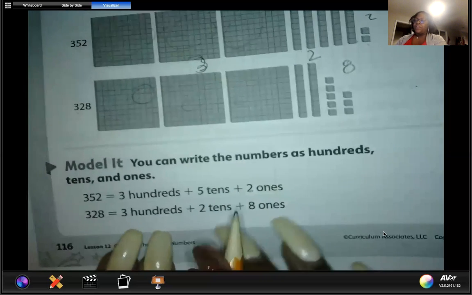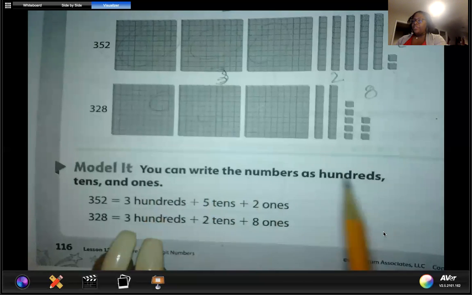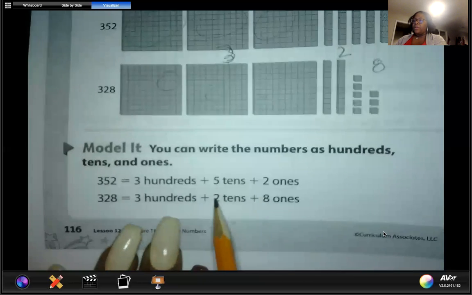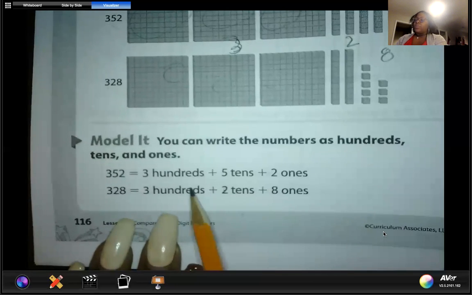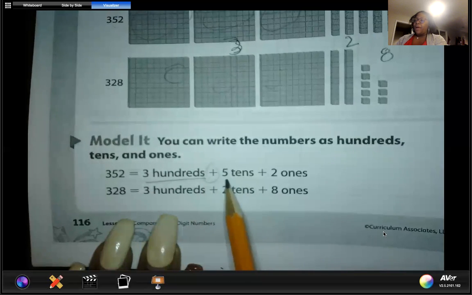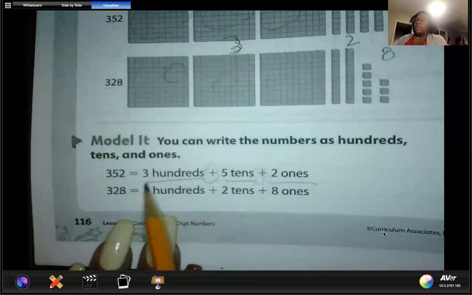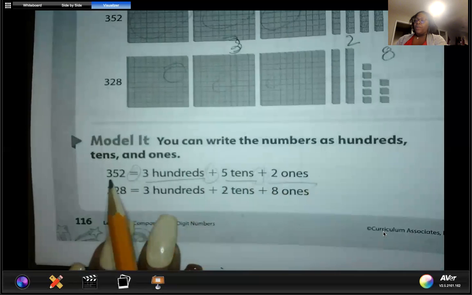Let's move down here. You can write the number as hundreds, tens, and ones. That's what we just did. So we have 3 hundreds plus 5 tens plus 2 ones is going to equal 352.